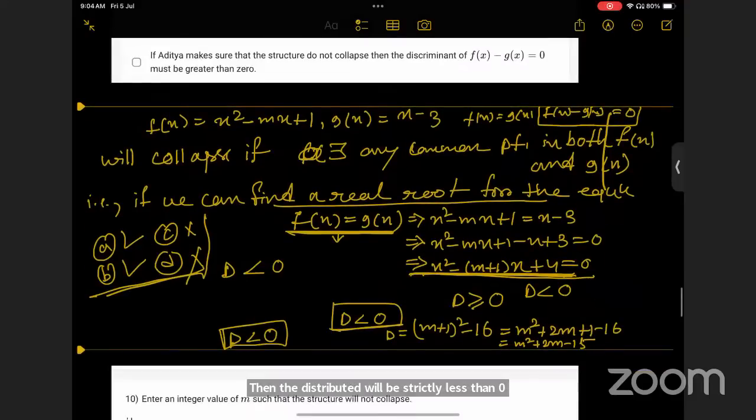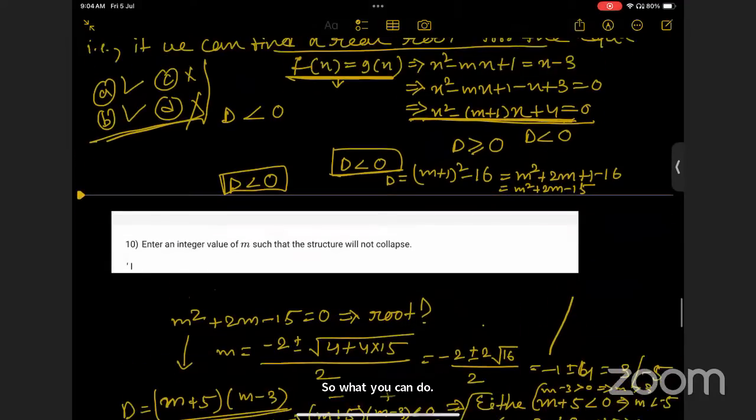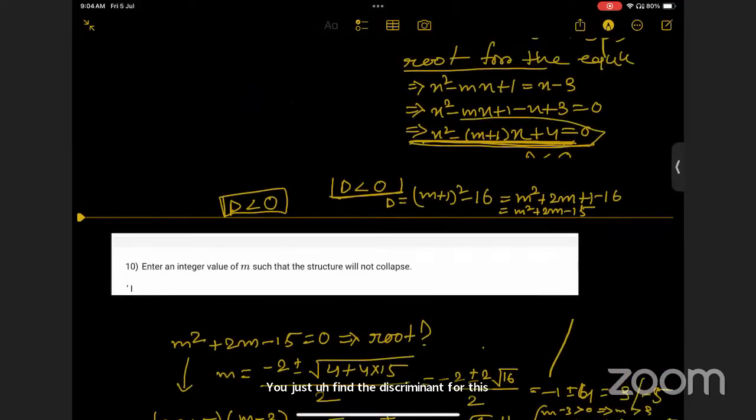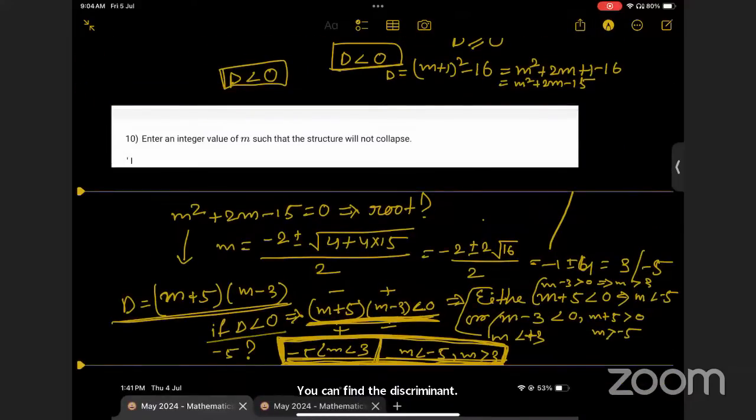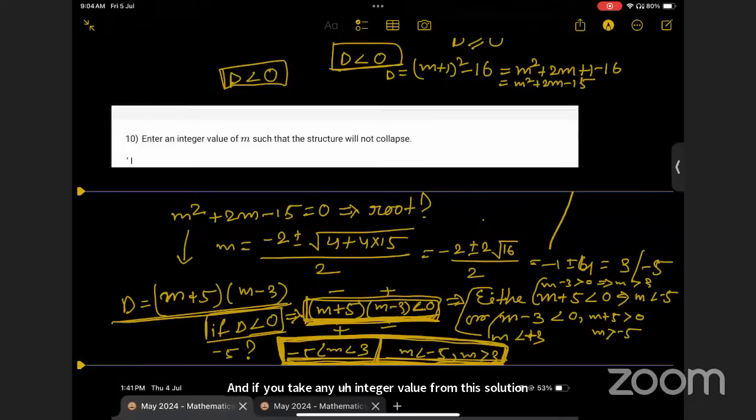So what you can do, you just find the discriminant for this function and apply the condition here: the discriminant will be strictly less than 0. From this, you can find the solution interval for this inequality, and if you take any integer value from this solution interval, it will satisfy the condition given in the question.